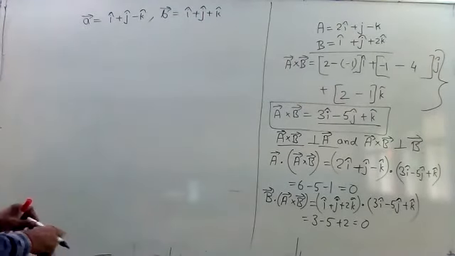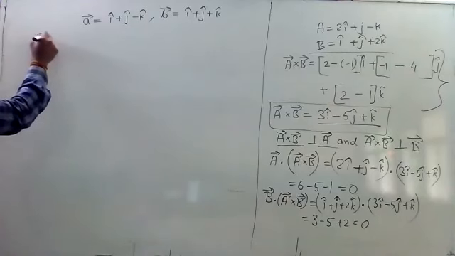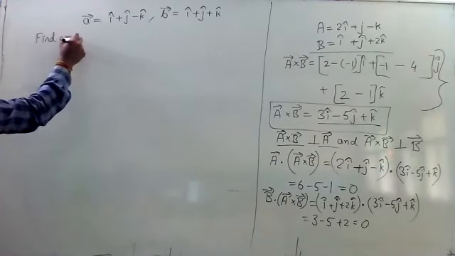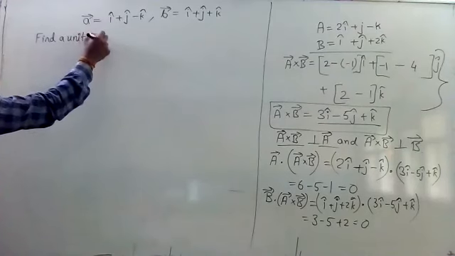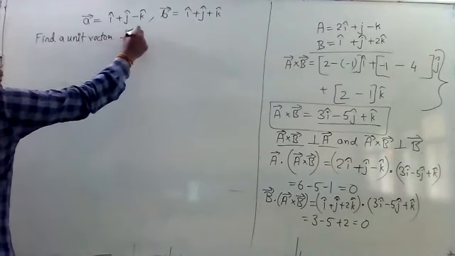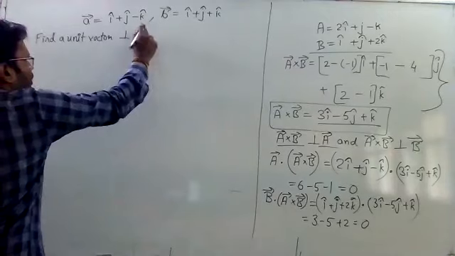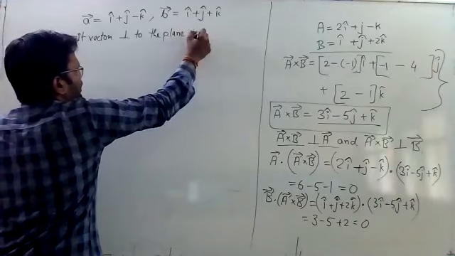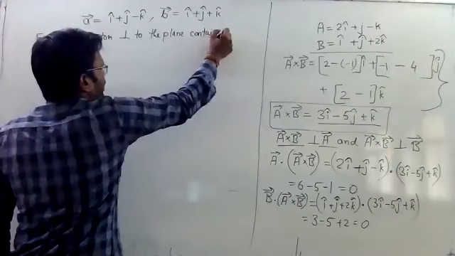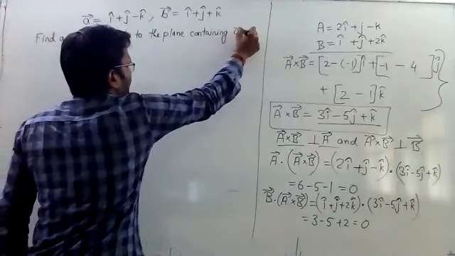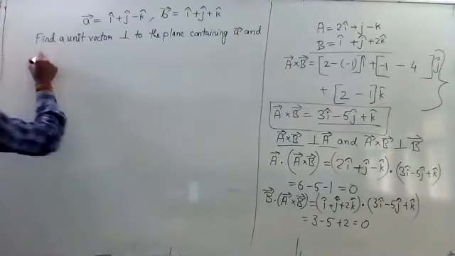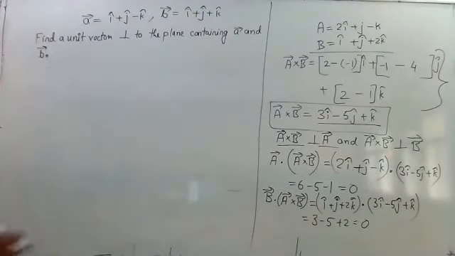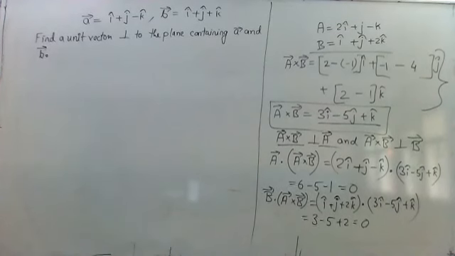We have to find a unit vector perpendicular to the plane containing the vectors A and B.